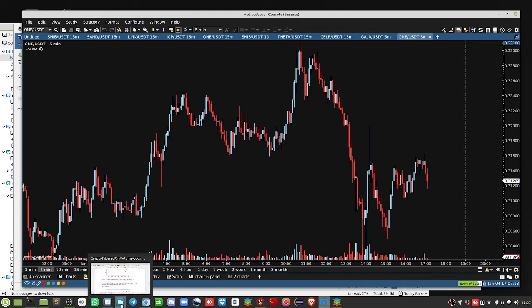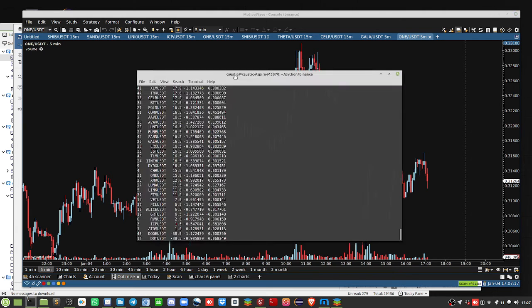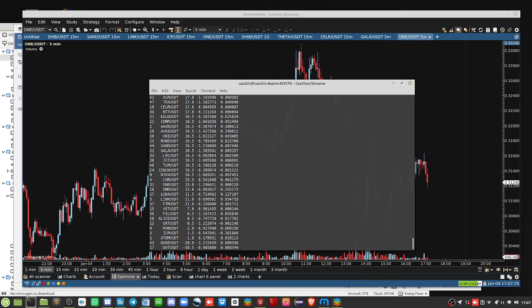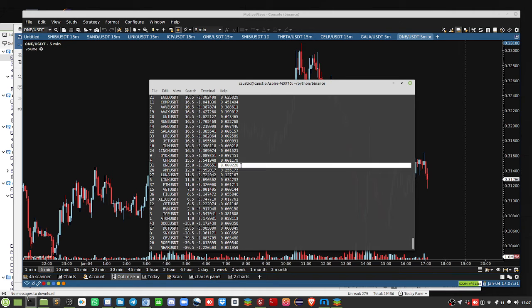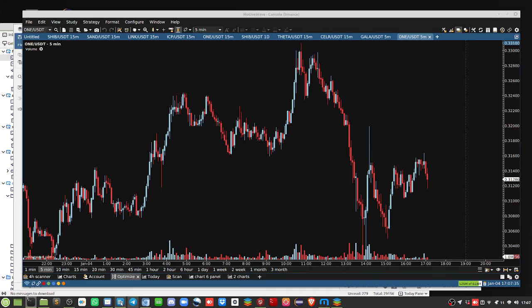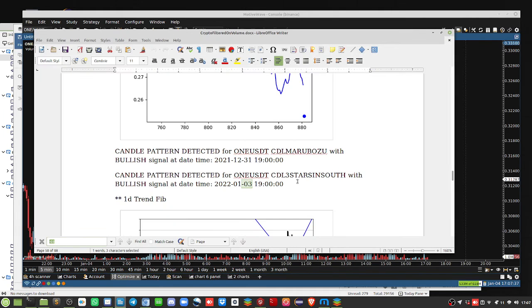Now let's look at Harmony. Here's Harmony. Is it in this list here? Let's see. Right here. So it had a breakout potential, negative order book, and a very, very weak trend. Now if I look at that trend here, let's see.